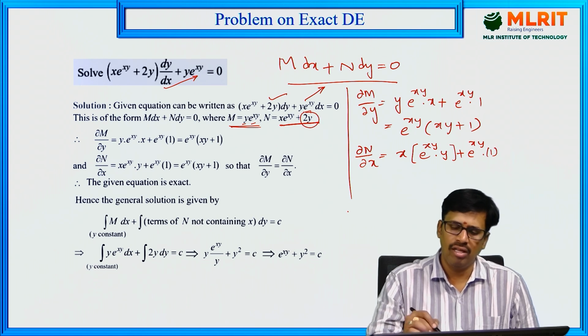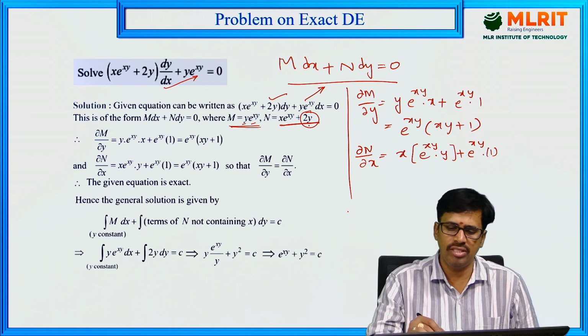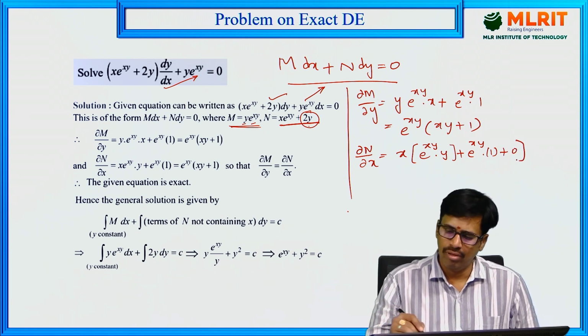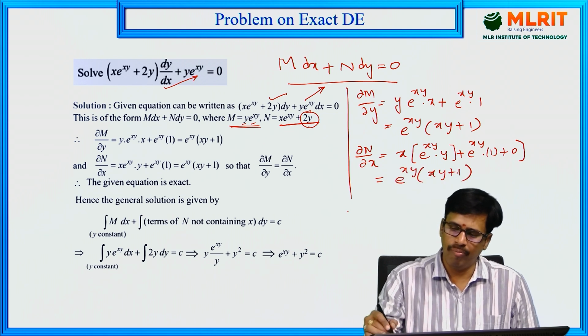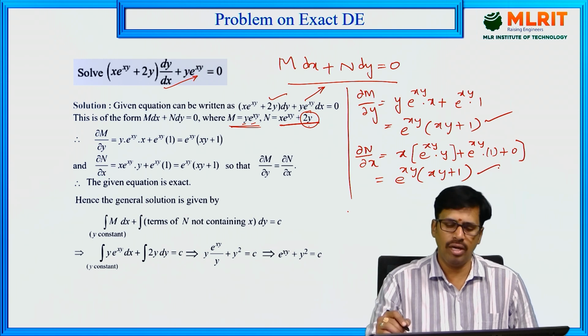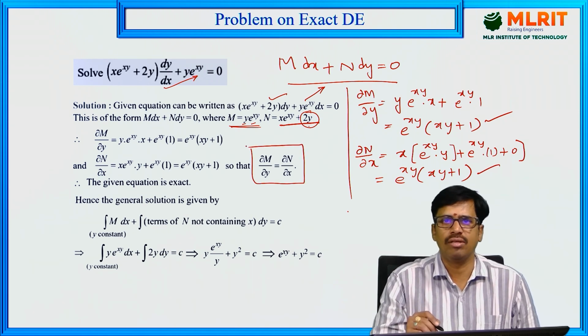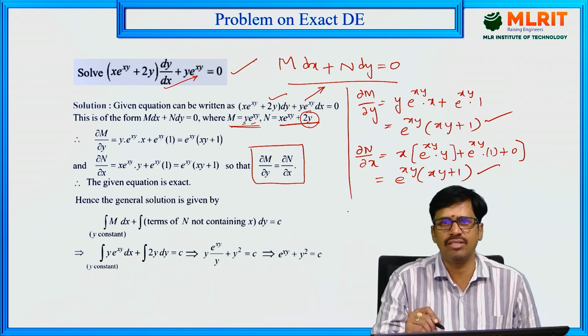Here we don't have any x terms, we are differentiating with respect to x, so this is constant, and the derivative of a constant is 0. So again, if you take e power xy common, xy plus 1, this and this both are equal, so dou m by dou y equal to dou n by dou x. The condition for exactness is satisfied, so we can say that the given differential equation is exact.